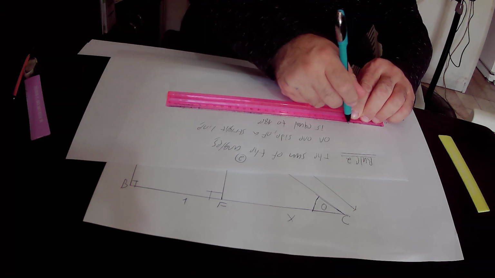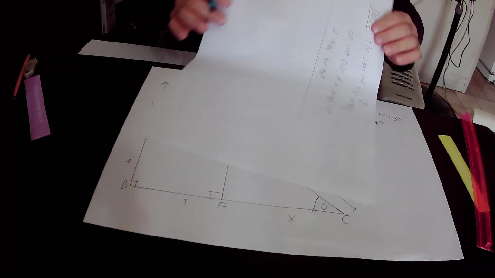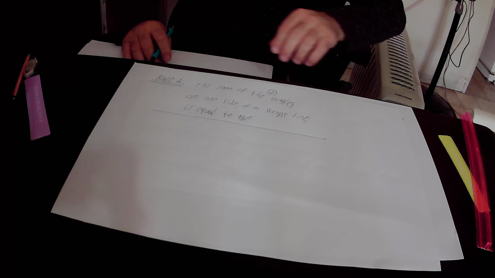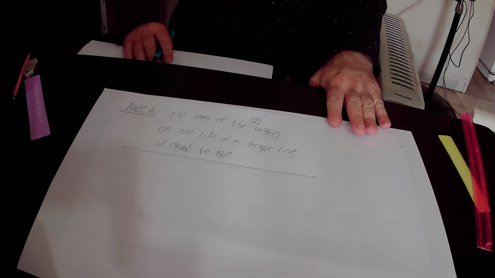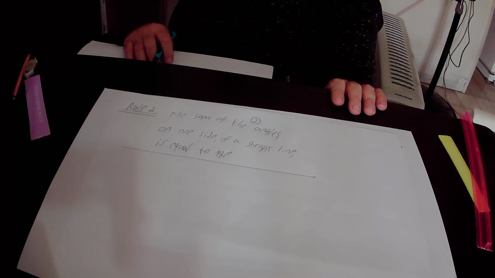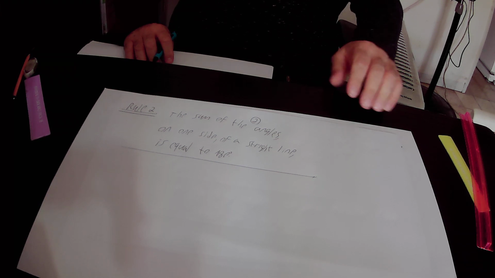So I read rule number 2 again: the sum of the angles on one side of a straight line is equal to 180 degrees.